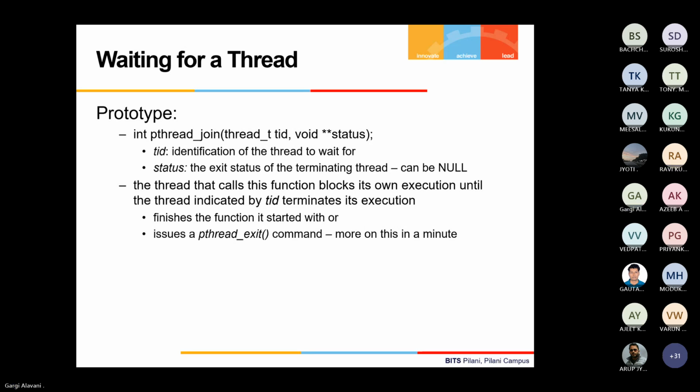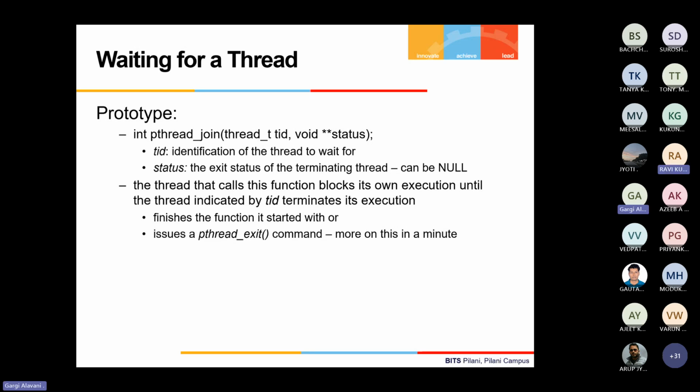The next one is pthread_join. Once you create the thread and it starts, and once the thread finishes its execution, pthread_join is used to wait for this thread to finish. Here again you have to provide the ID of the thread that we want to wait for, and the status, which is a pointer that will tell the exit status of the thread.